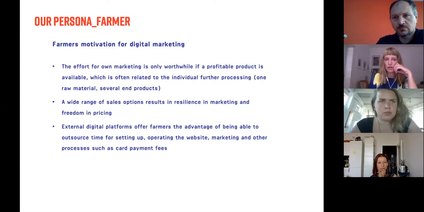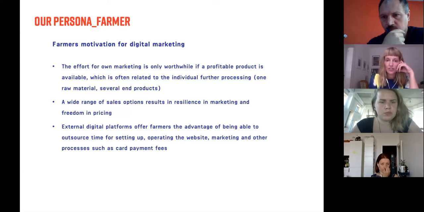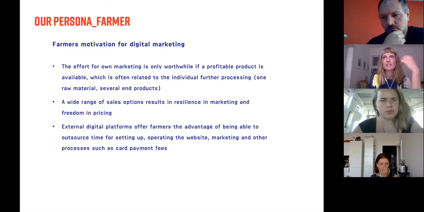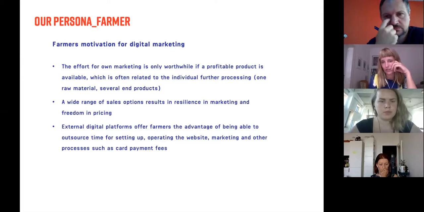So you have one raw material and you get several products out of it, and then you sell this rather than just selling the raw product digitally, which also leads to the other point that a wide range of sales channels often leads to a really resilient business model, and also gives you the freedom in pricing.